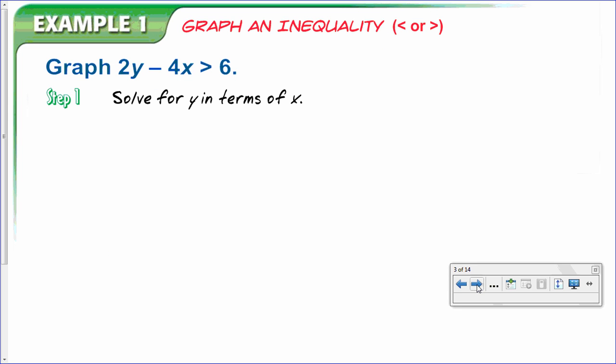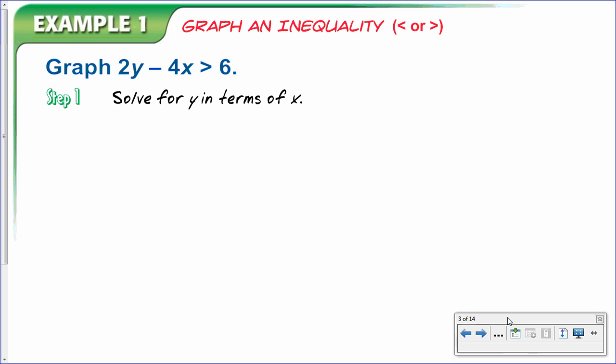All right, so let's look at one. We're going to graph 2y minus 4x is greater than 6. Now, what was the number one rule that we have to remember when you're dealing with inequalities? Write this down because this is a rule you need to remember.